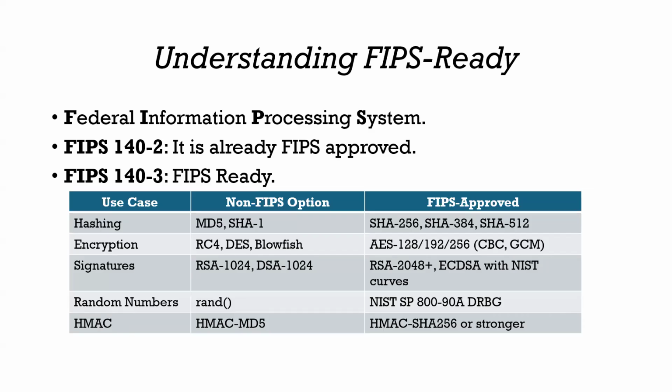SHA-512 is one of the safest mechanisms. MD5 is not secure; it has been broken already. There are certain algorithms which can recover the data back.